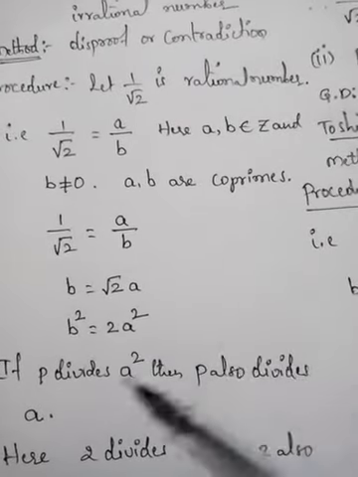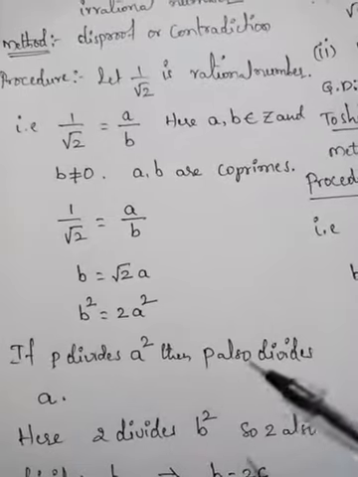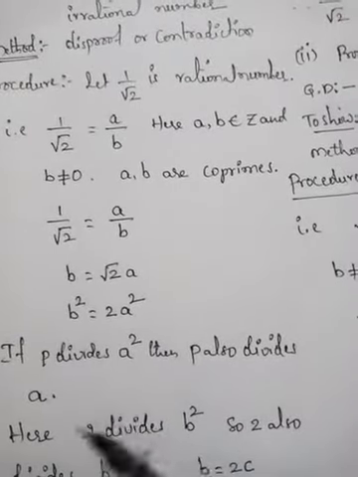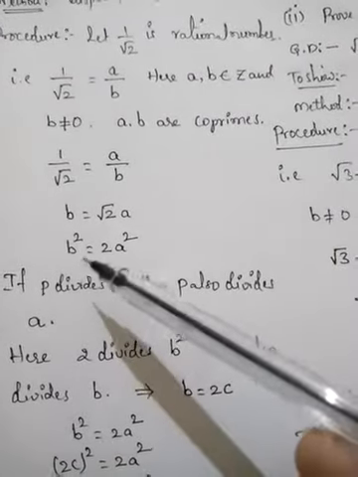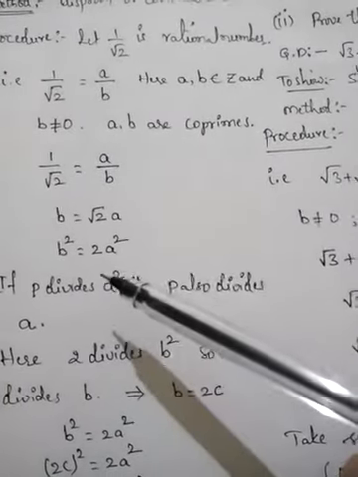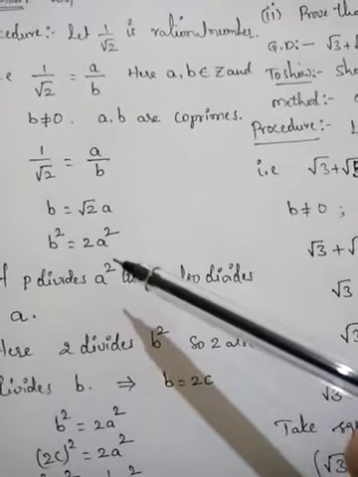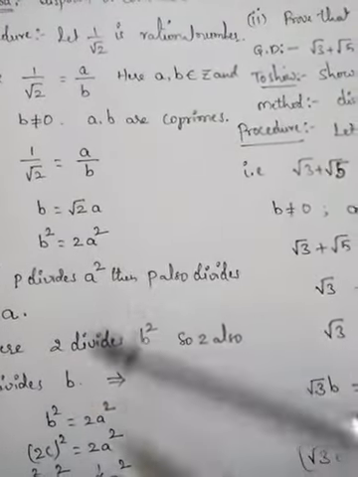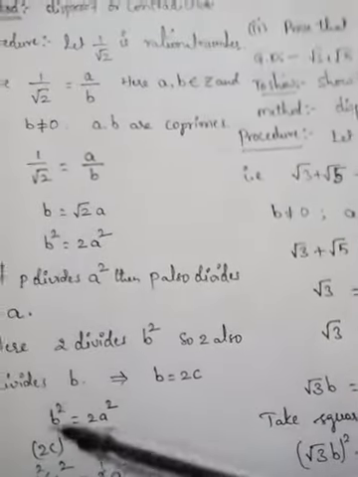If p divides a square, then p also divides a. We have this statement. According to this statement, 2 divides b square, because b square can be written as 2 into some number. According to Euclid's lemma, 2 is the divisor here, a square is the quotient, and b square is the number. So now 2 divides b square.